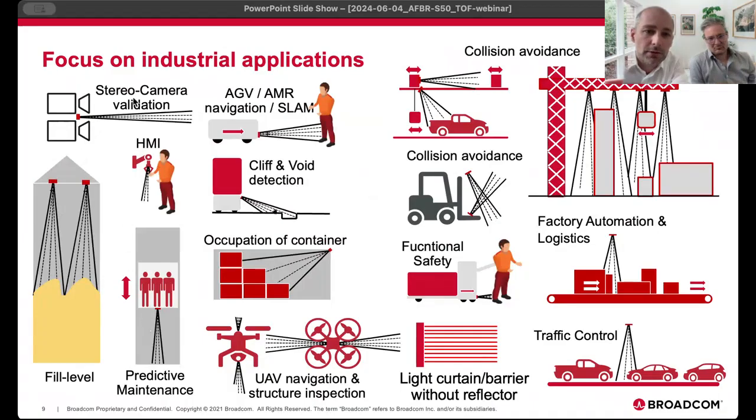We will talk about stereo cameras. We talk about logistics robots like AGVs, AMRs, also cliff and void detection, and functional safety with forklifts. Factory automation is a very hot topic, and also one use case where we are very unique and have very good performance, the drone applications, which are depicted here below.